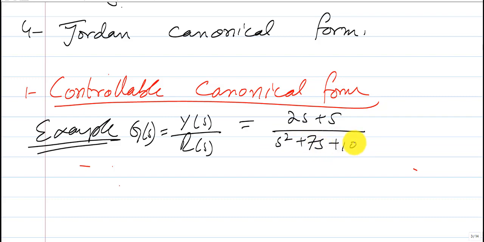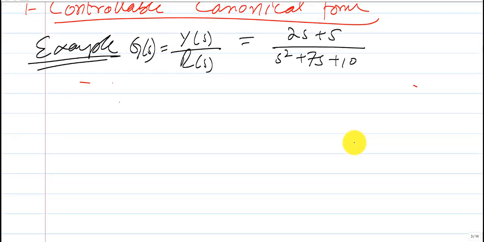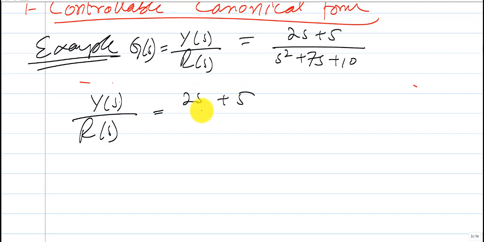We will do some manipulation to obtain it in the controllable canonical form. So we have 2s plus 5 divided by s square plus 7s plus 10.